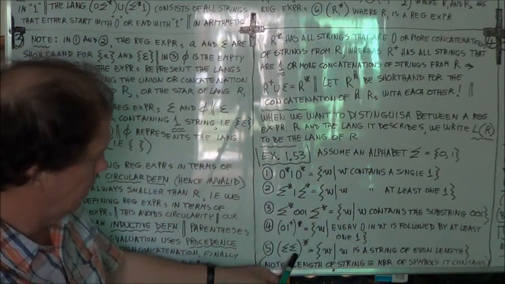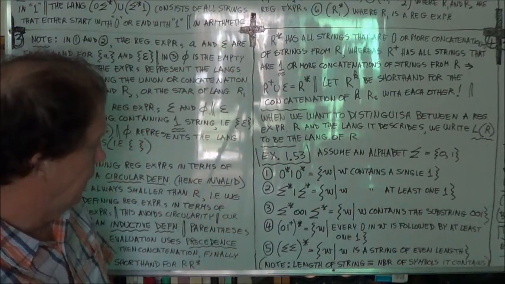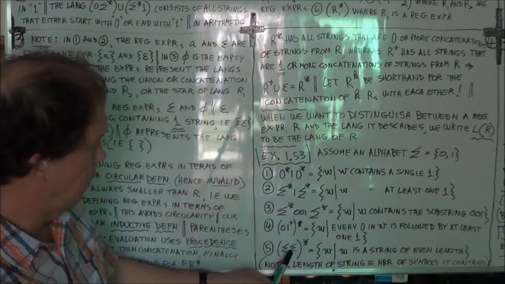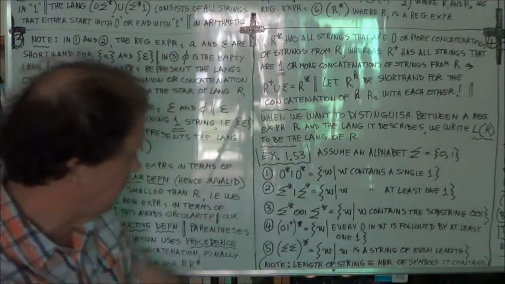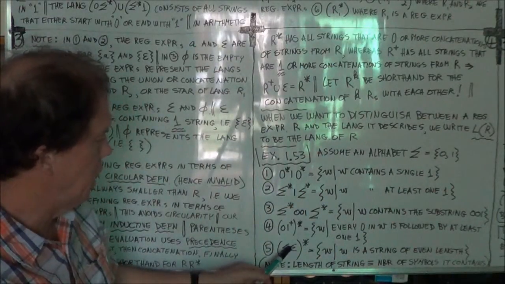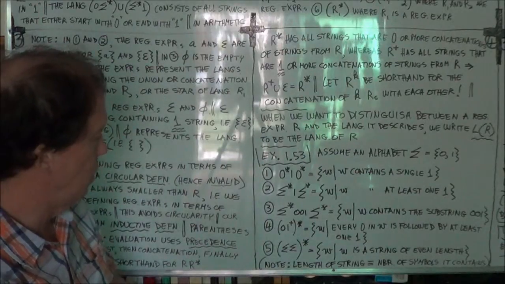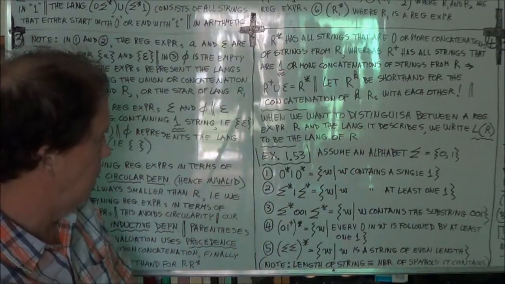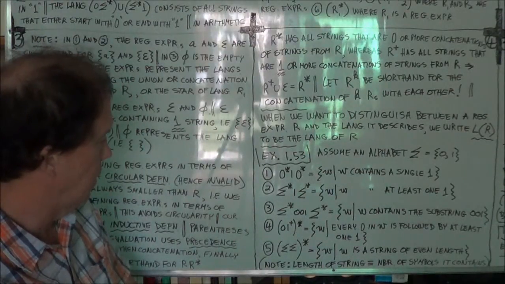All right, this fifth example. So what are we doing here? Now it's the binary alphabet, and we're concatenating the two. So what's going on?